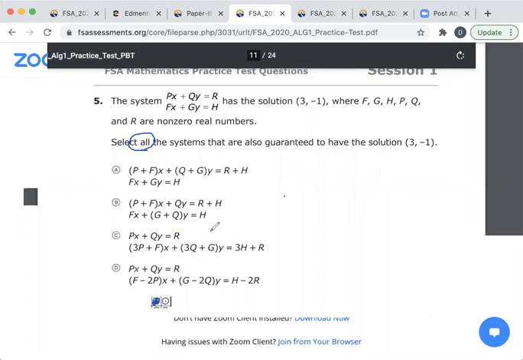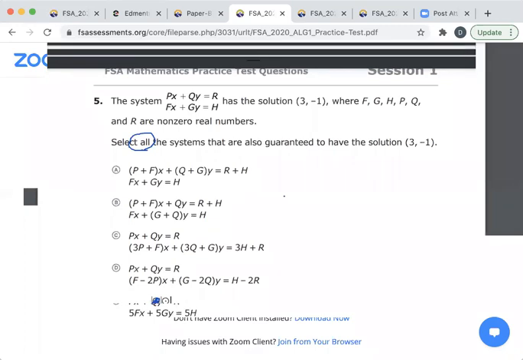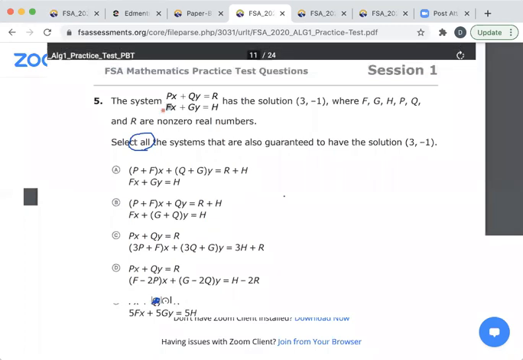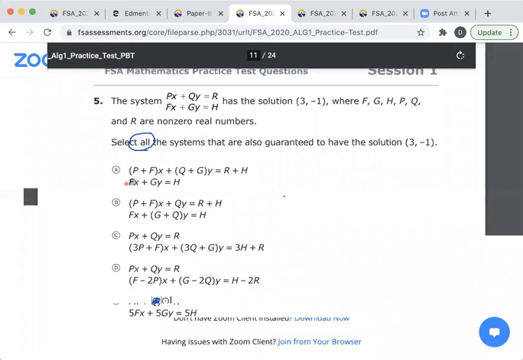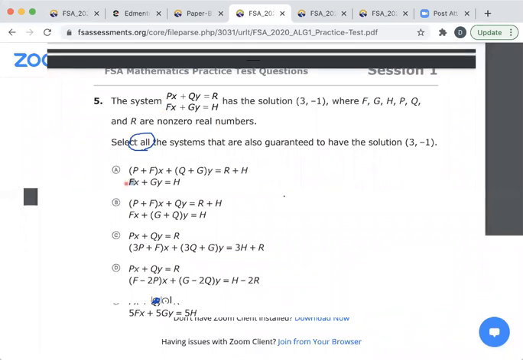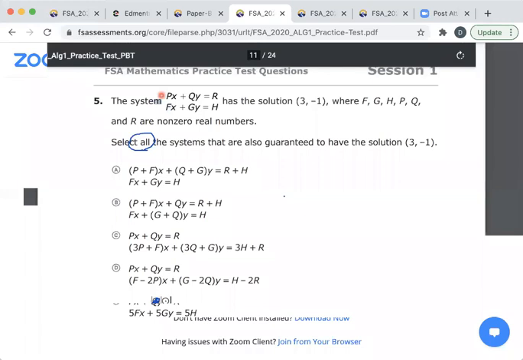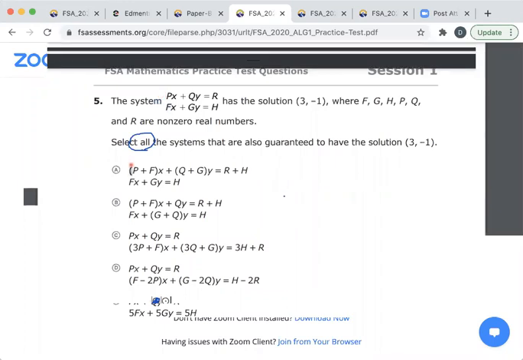So if I look at A, for example, the second equation, fx plus gy equals h, is the same thing as the equation up there, right? These two are the same. And if I look at the top one, px plus qy equals r, and look at this first one, it has p plus f, q plus g, r plus h.